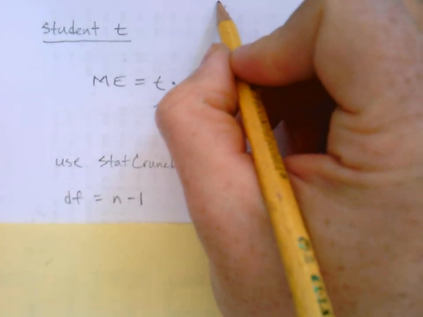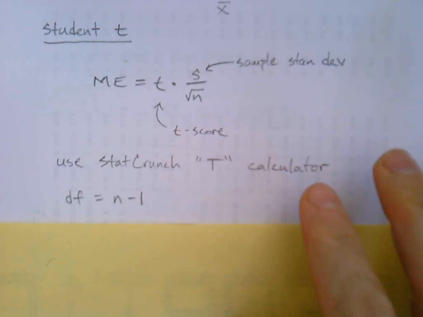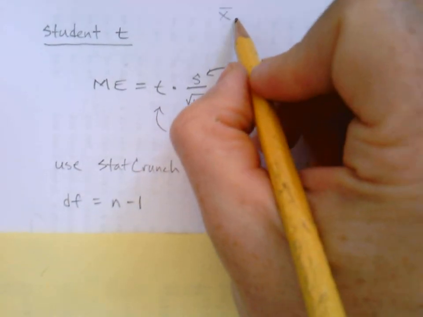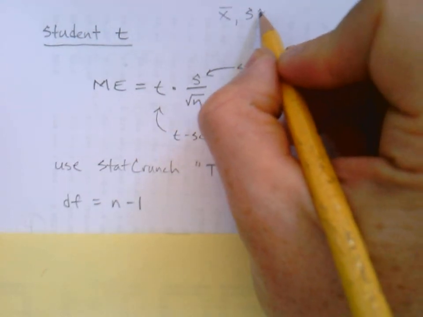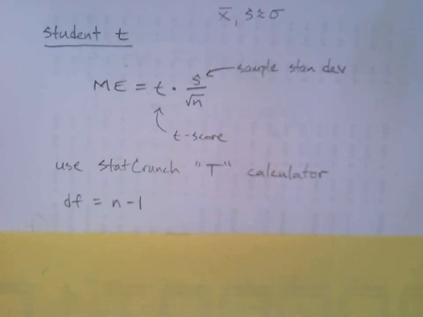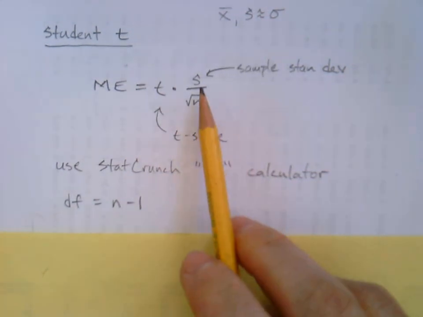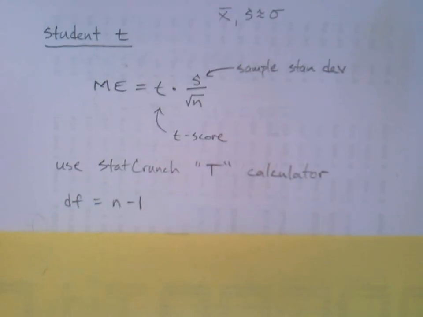So they would know x bar, and then they would say, okay, I found the sample standard deviation S, but I don't really know what to do with S, so I'm going to say that that's really just equal to sigma, the population standard deviation. And that's what we saw in those formulas, right, with sigma.